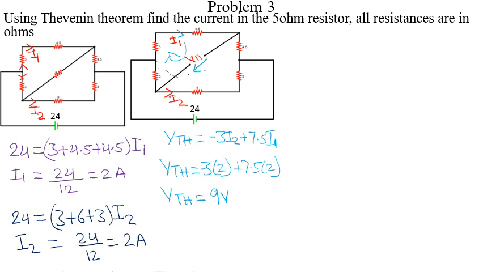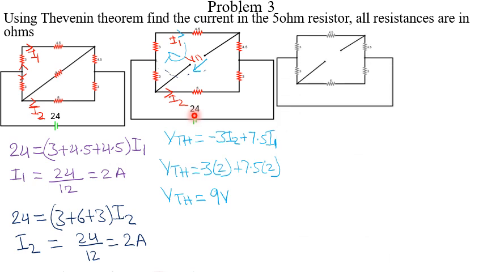After getting our VTH as 9 volts, we now need to find our RTH in order to be able to calculate the current that was passing through the 5 ohms resistor that we removed. To find our RTH, we short circuit all voltage sources and open circuit all current sources. We only have one voltage source here, which is the 24 volts.